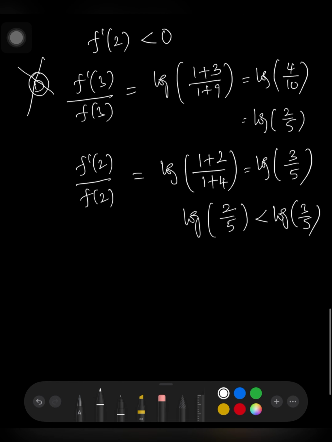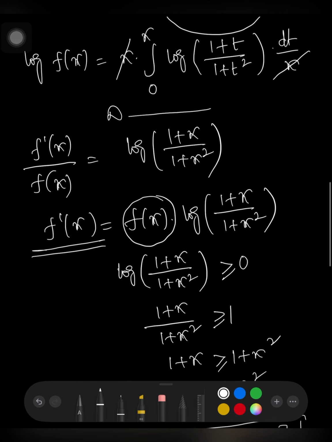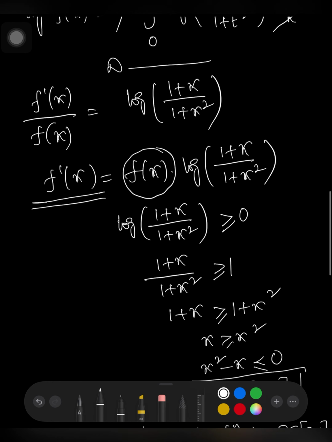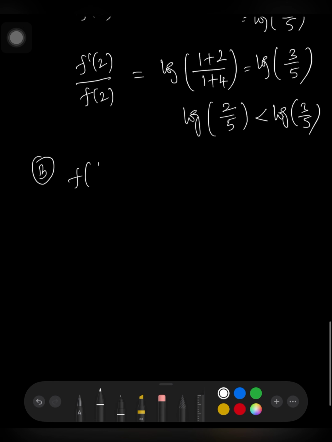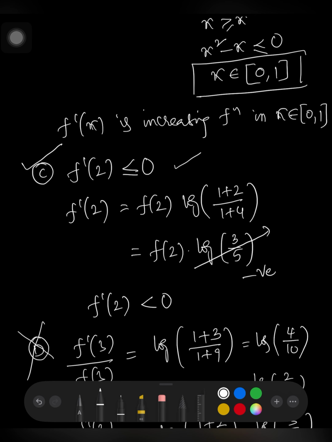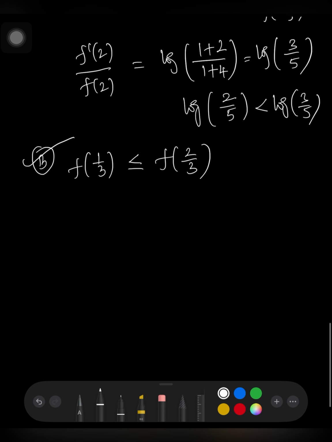Coming to option B: f of 1 by 3 less than or equal to f of 2 by 3. Because of C, we know that f of x is an increasing function in x belongs to closed 0 to 1. So first 1 by 3, then 2 by 3.